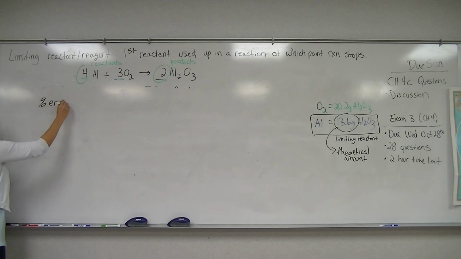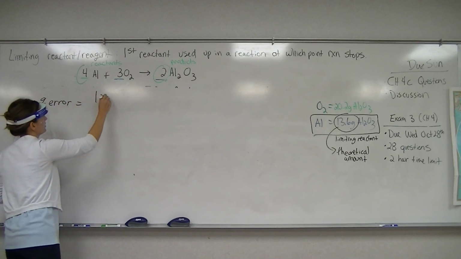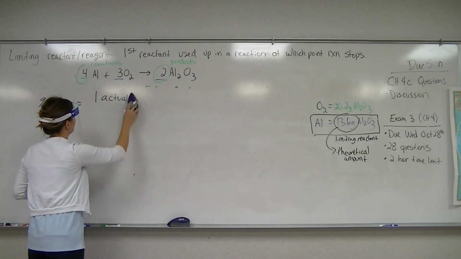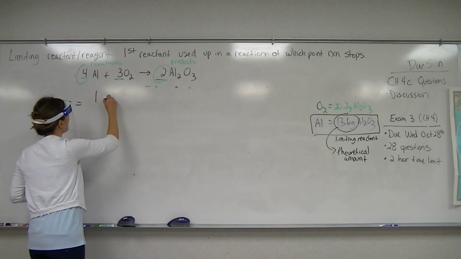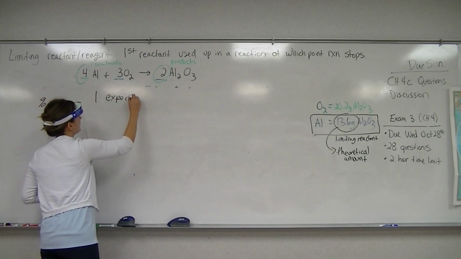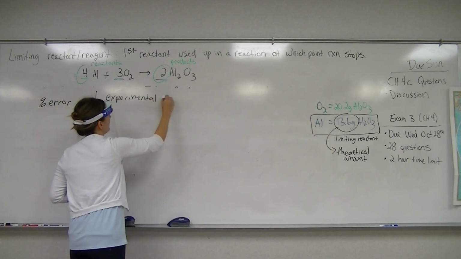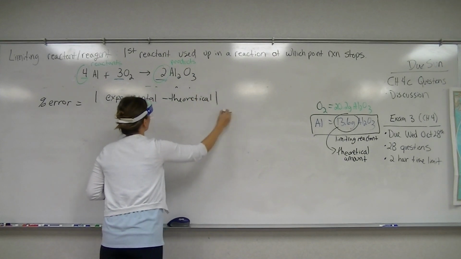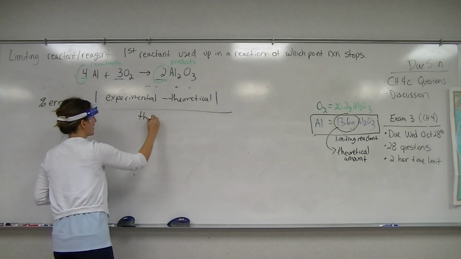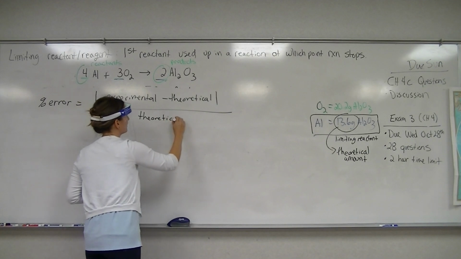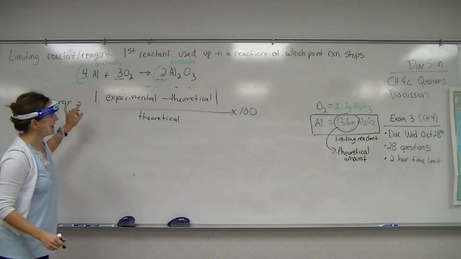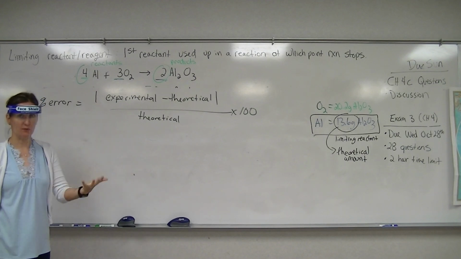For percent error, we've used the actual, I should say experimental minus the theoretical divided by the theoretical times 100. So the percent error equation we've used before.